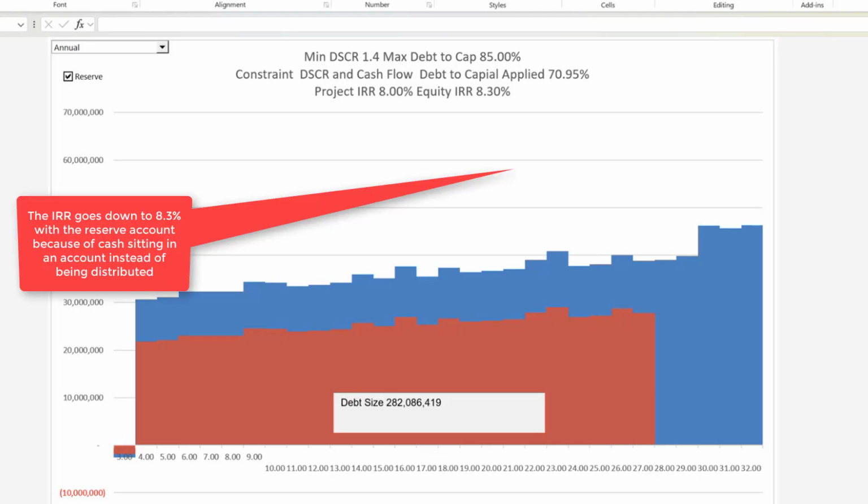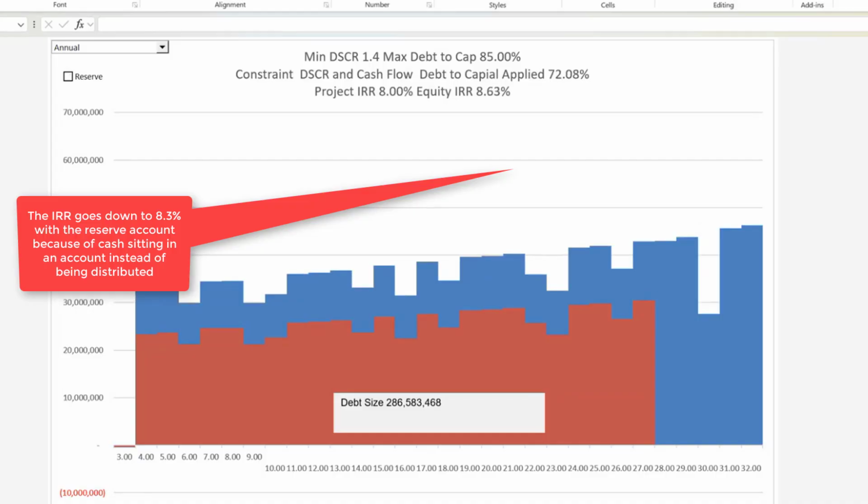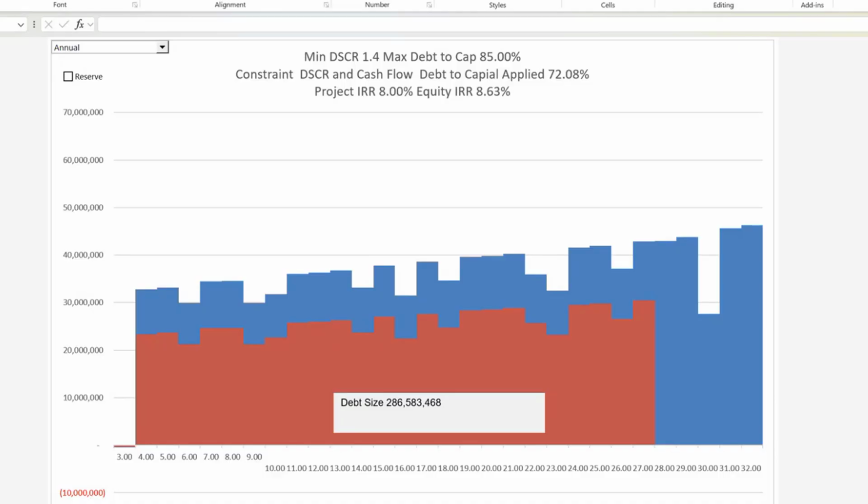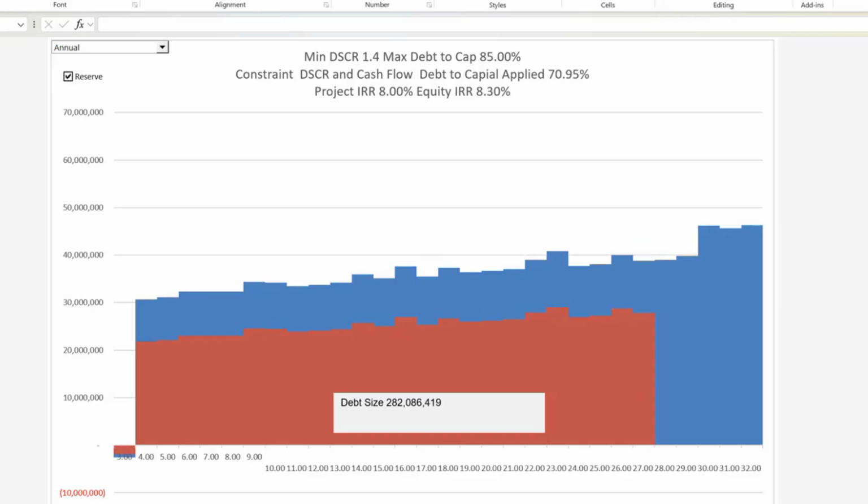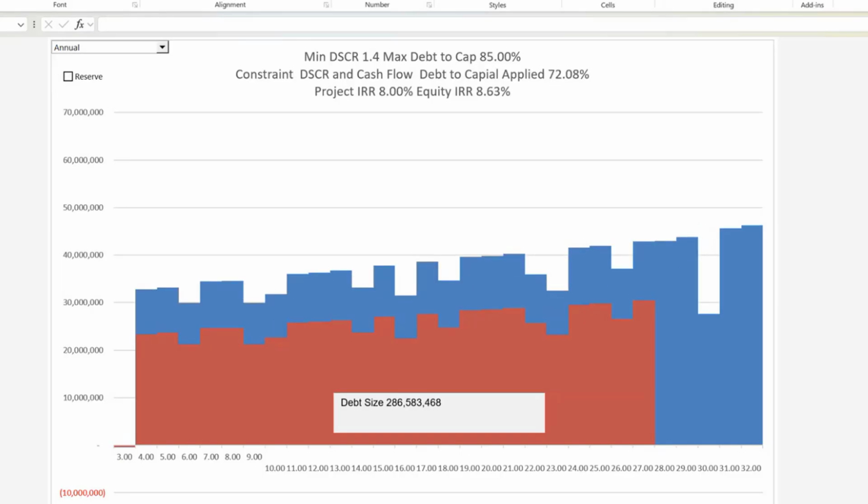It's 8.3 when you include the reserve, and it should be a little higher if you don't include the reserve. That's just because there's a little bit of cash and you can't take the dividends out, but it's nothing like the penalty you get when you have to put a whole bunch of extra cash up front and leave that for a really long period.